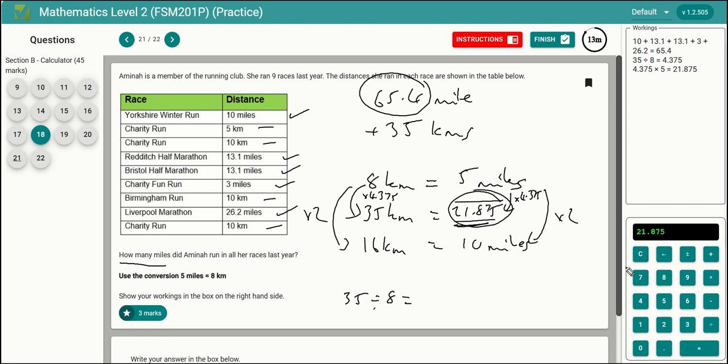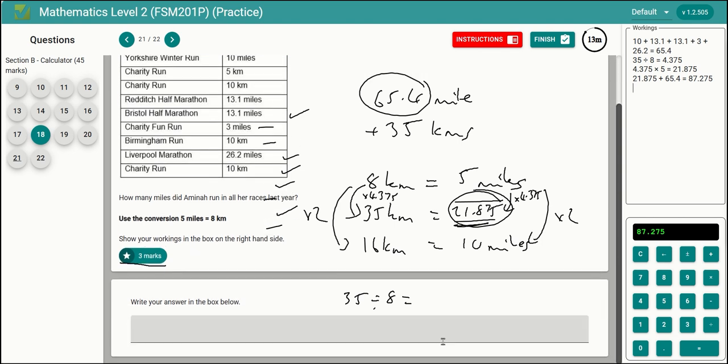So all I need to do now is add 65.4 to that previous total, and I've got a total of 87.275. So 87.275 miles, and we're done.